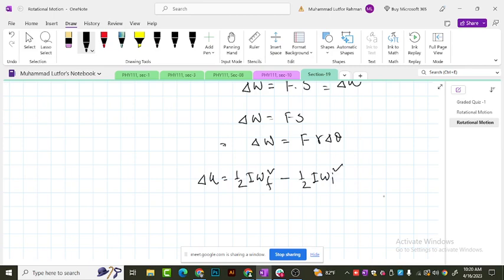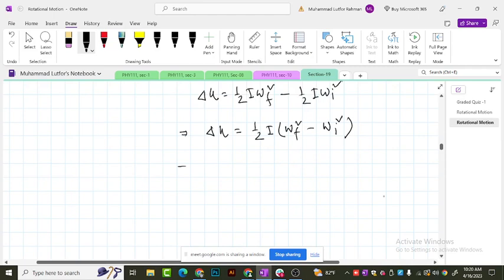This is the final kinetic energy, this is the initial kinetic energy. That should be del K. I can factor out half of I, so it should be omega F square minus omega I square, right?